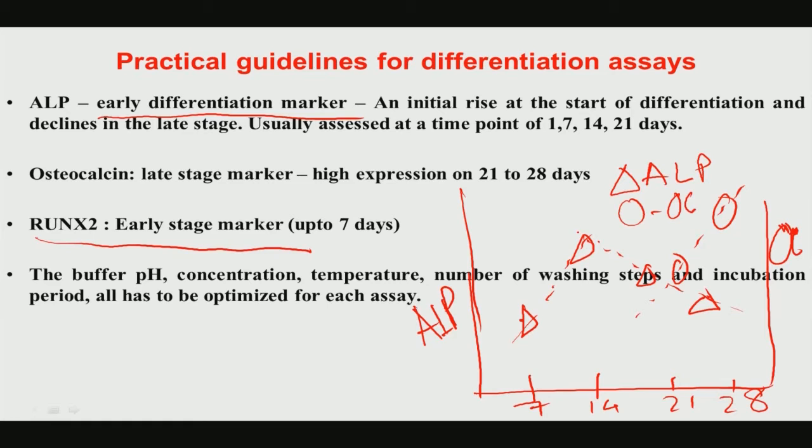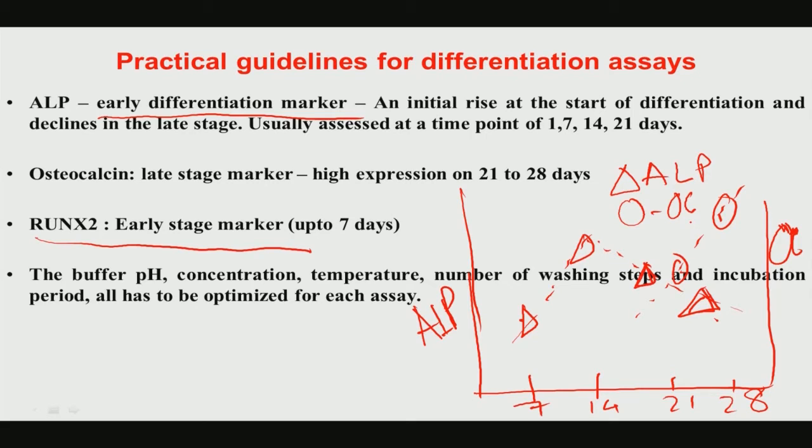And if you keep on measuring this ALP expression, you would see that it will decrease in the 3rd and 4th week. And during this late stage, it is the osteocalcin expression which will pick up and increase in the late stage of differentiation.